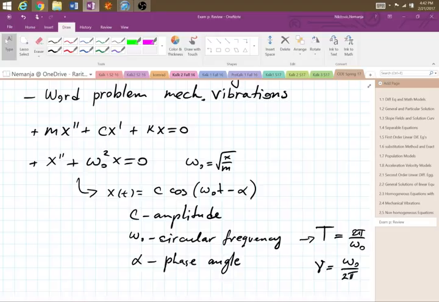For these problems to make physical sense, they have to have that complex solution from the three possible cases that you see.